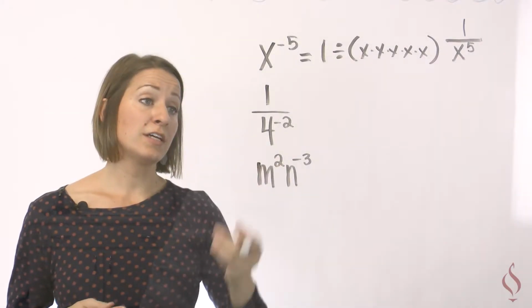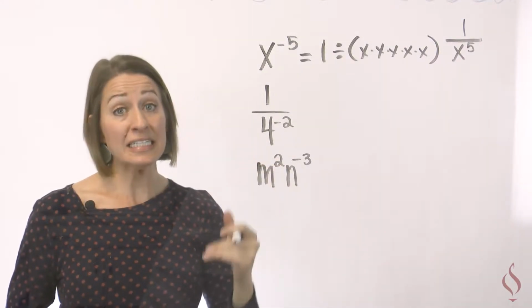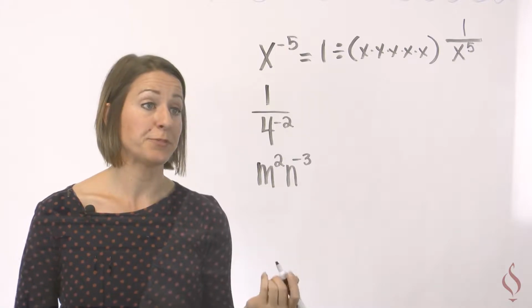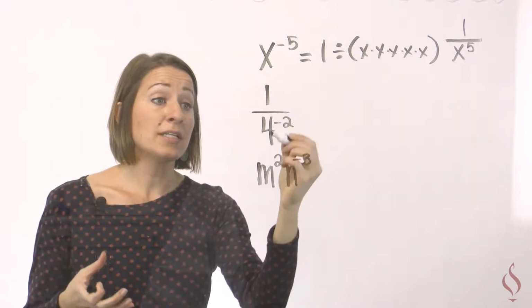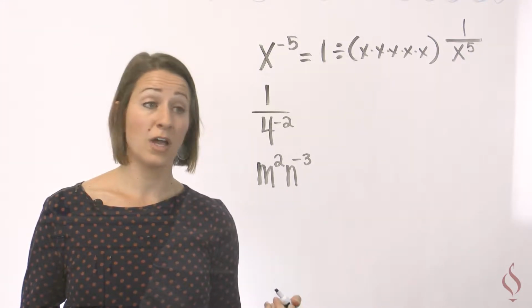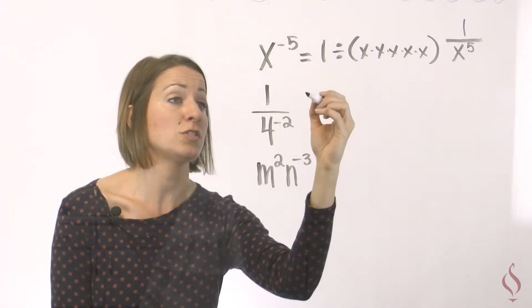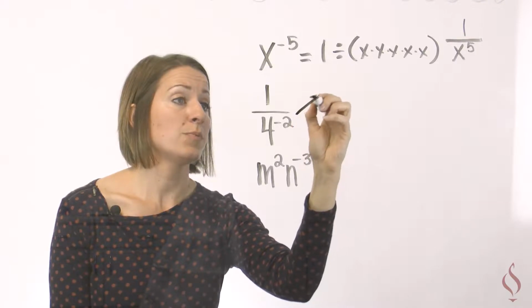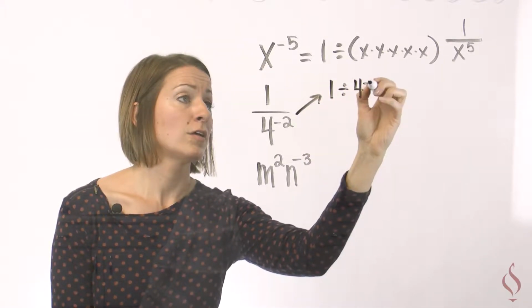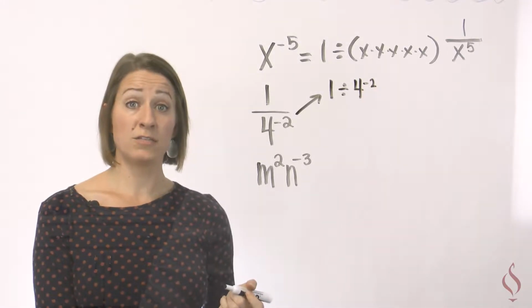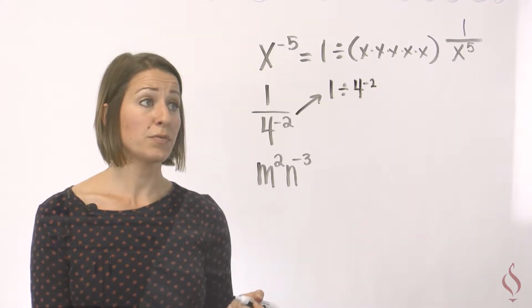Okay, so what if the negative exponent is already in the denominator? Let's break down this problem. This is 1 divided by 4 to the negative 2 power.